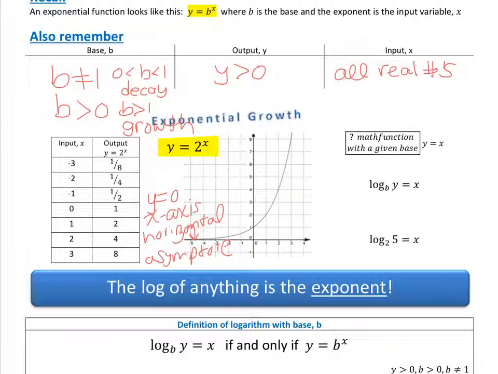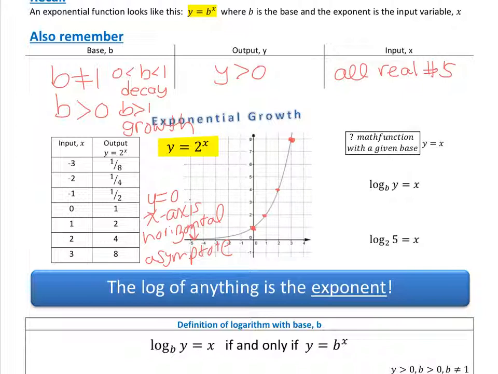Let me go back here and just say that it's very easy to see that when x equals 0, anything with an exponent of 0 is 1, and 2 to the 1 would just be 2, 2 squared would be 4, 2 cubed would be 8. Very easy to see these numbers on the curve, and simple enough.